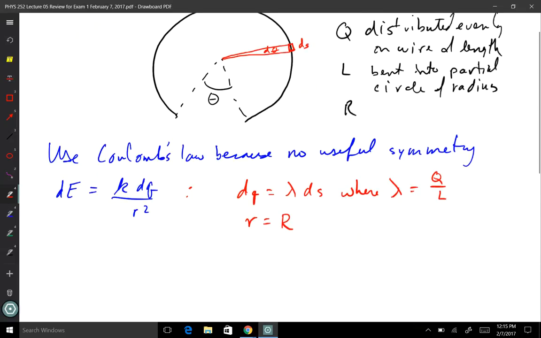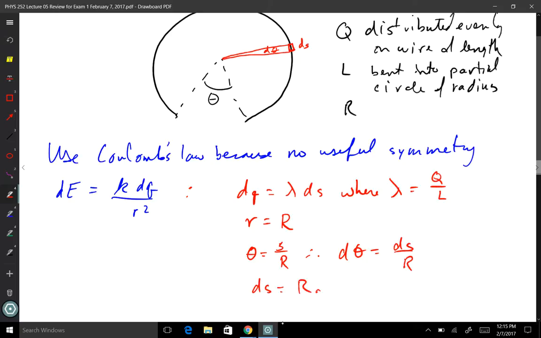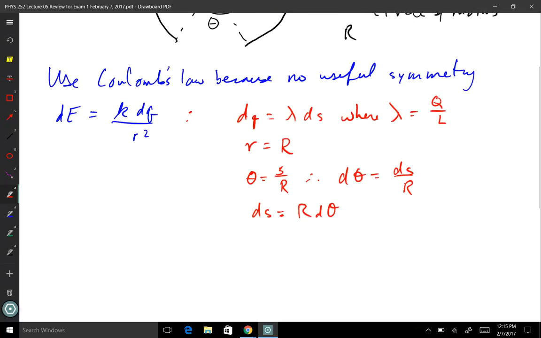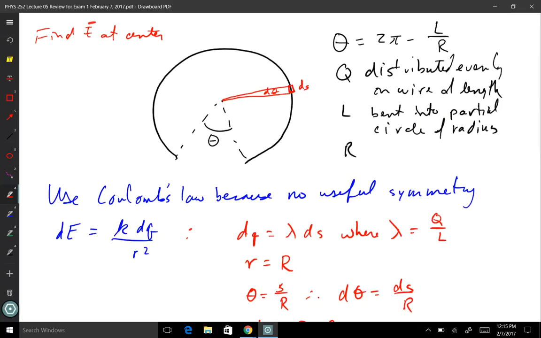Using the definition that theta is equal to S over R, now because of the right variables, d theta is equal to ds over R. So I can substitute that ds is equal to R d theta, because I like to do my integral over the angle. It's going to make my life generally easier. S is the distance along the wire.